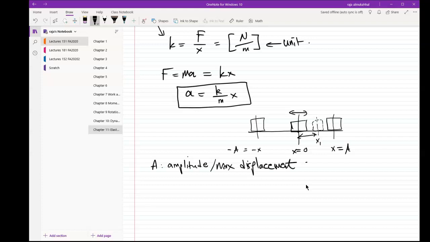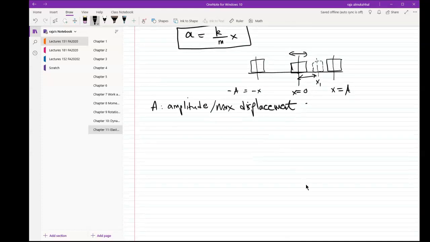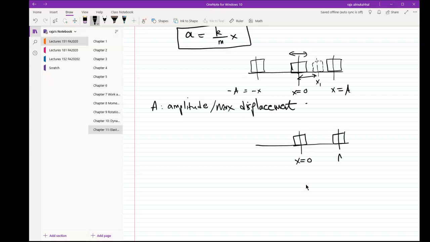So notice that, again, I'm going to draw it one more time. So here is the equilibrium position right here, and here is the maximum displacement right there. Notice that the amplitude here is the maximum displacement. So here we have a cycle.